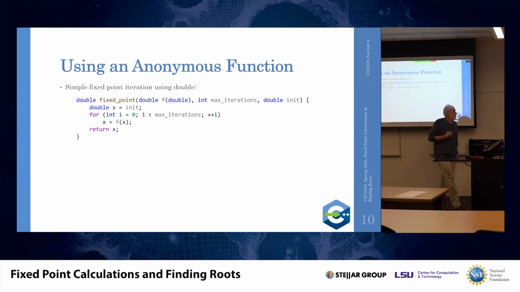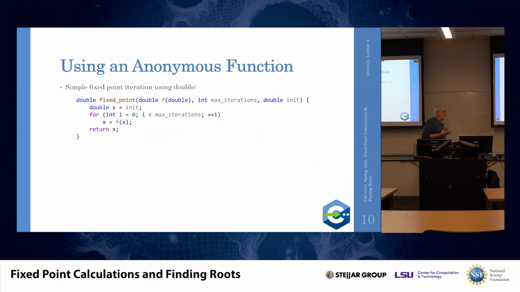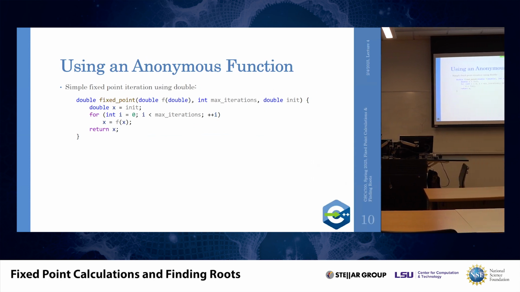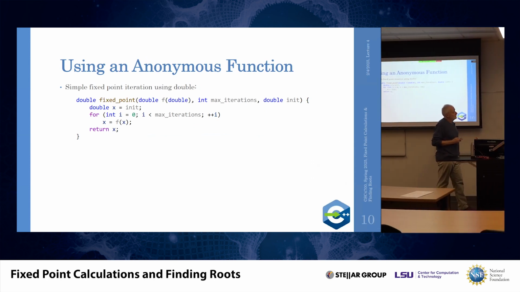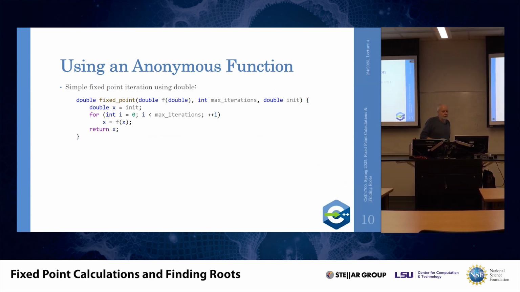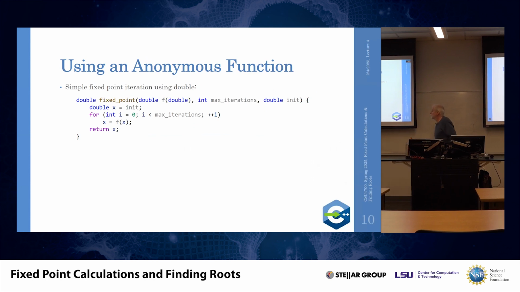Lambda functions are essentially anonymous functions, functions that don't have a name. I want to introduce that in the context of our fixed point algorithm in more detail, because it's a very useful facility that we will use over and over again, and we will stop highlighting it very soon.